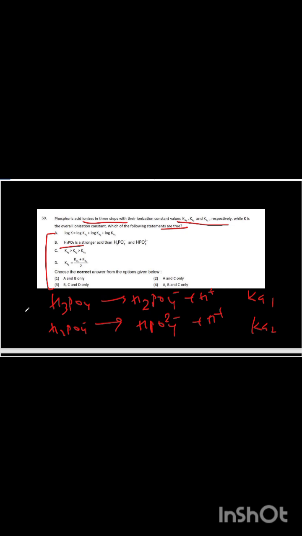So option A is correct. Option 2 being H3PO4 is a stronger acid than H2PO4 minus and HPO4 2 minus. Acid strength depends upon its ability to lose H plus.